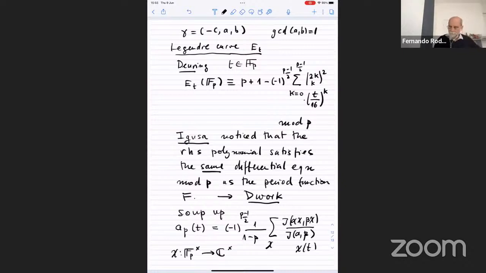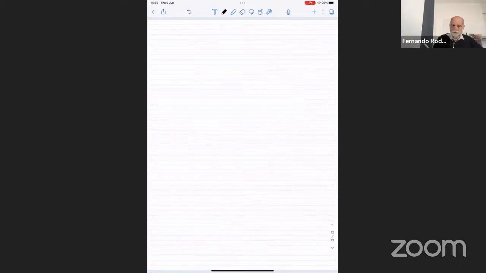And these J's are some Jacobi sums, which are products of Gauss sums.